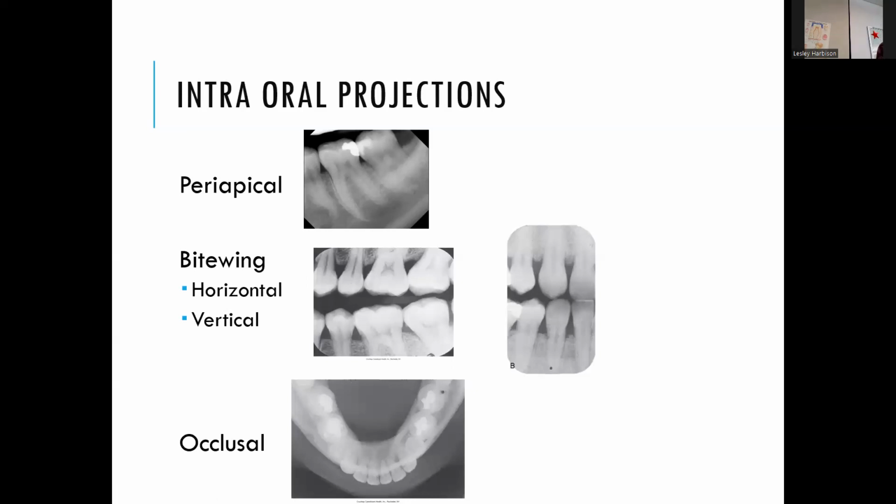Yep. Typically if somebody comes in and you don't know anything about that patient, you wouldn't say, come on, let's go back and take some vertical bite wings. You wouldn't do that until you've done assessments and you realize what's going on in their mouth. That being said, what actually tends to happen a lot of times is students will say, come on, let's go back and take your horizontal bite wings, without looking back and seeing that this is an existing patient in our clinic and they've had vertical bite wings before.